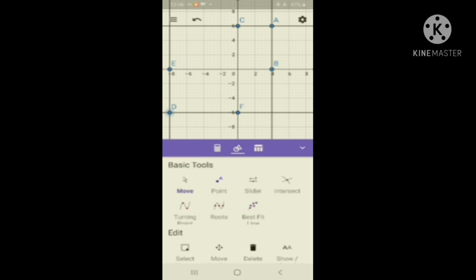Now we have to find the axis or quadrant in which the points are lying. Suppose the point A lies on the first quadrant.